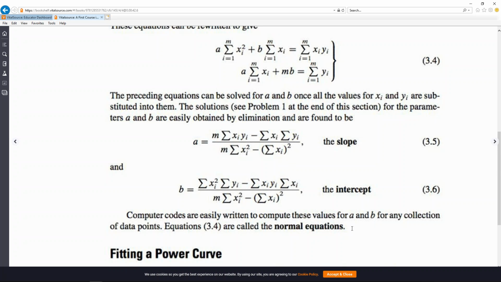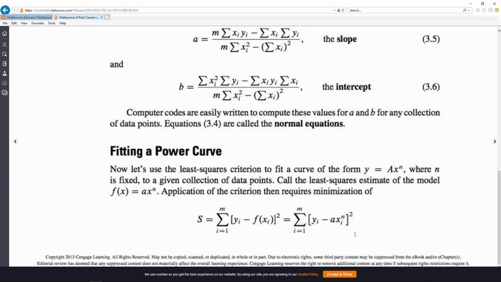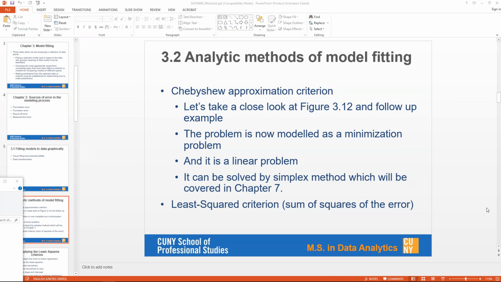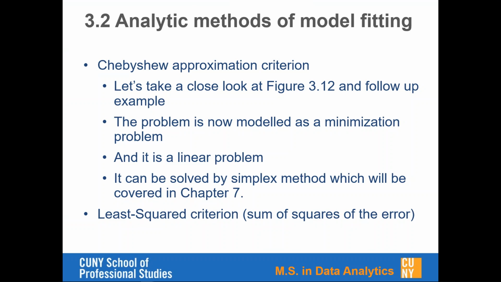Of course, there's more discussion in the textbook as well, in the case of what if it's a power curve, and then we still use the same objective function using measured minus the estimated value. f(xi) is coming from the function itself, and then squared, and then sum all of them up, and then we're trying to minimize that. Okay, so that is really a high-level explanation of those two, but hopefully it gives you a good understanding of what we are trying to discuss here.